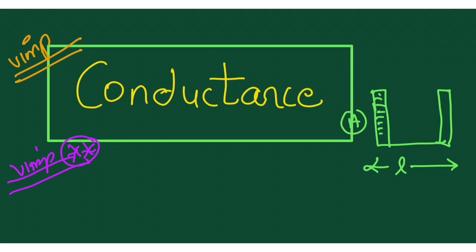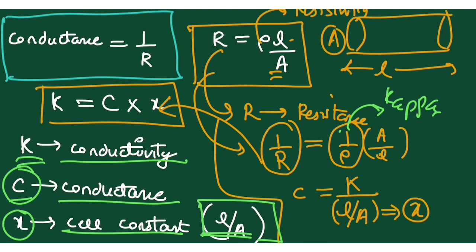I am sticking to centimeter, taking length in centimeter and area in centimeter square. Everything I am dealing with in centimeter, so that the formulas remain the same. Please keep this in mind. If you change the unit, the formulas also change.